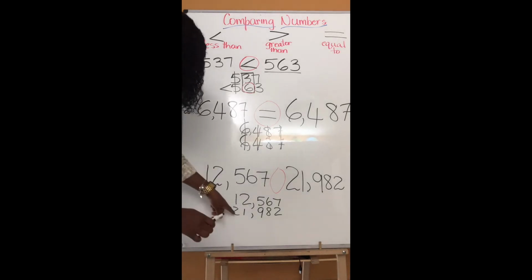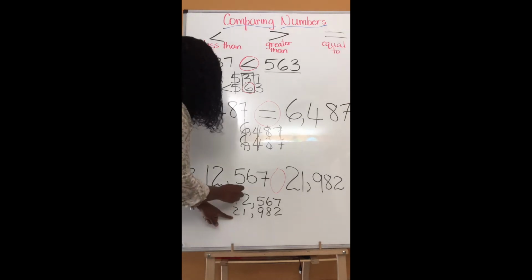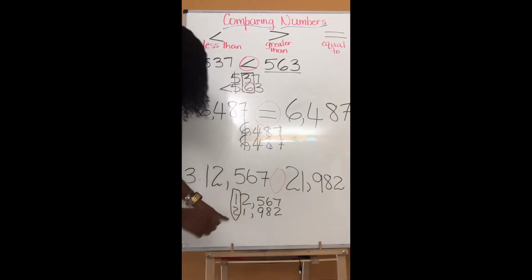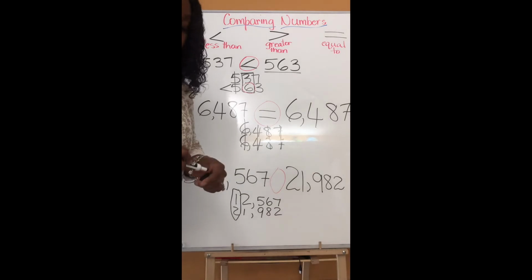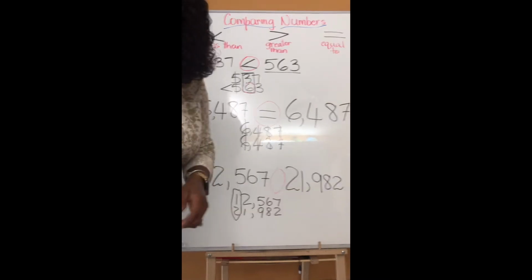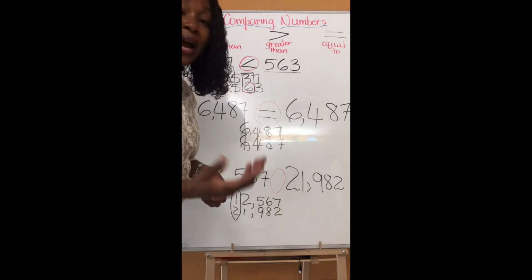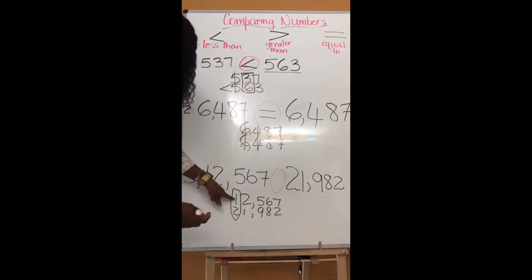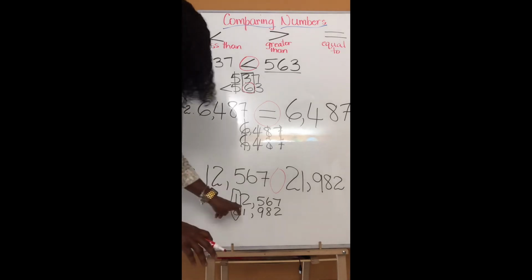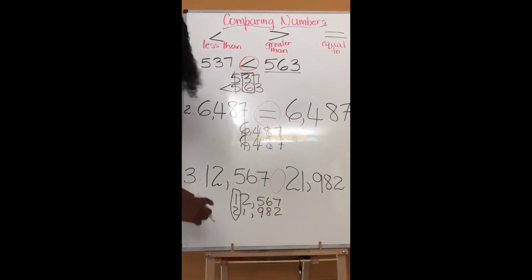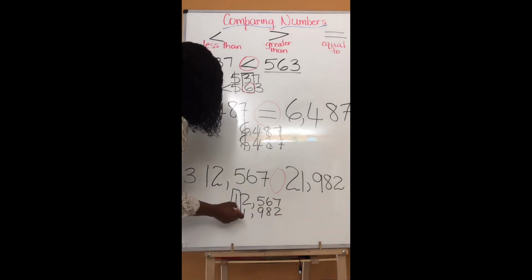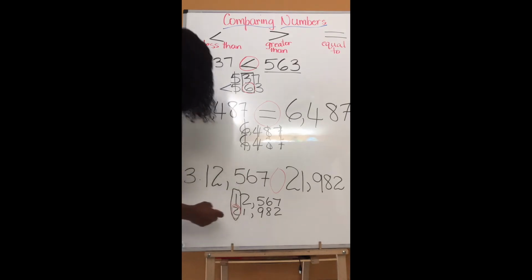I'm starting on the left again. I notice that these two are different. The moment you find two digits, one above the other, that are different, you are using those to make your comparison. So 1 and 2 are different. I don't need to look at the other digits. All I'm going to say is 2 is greater than 1.